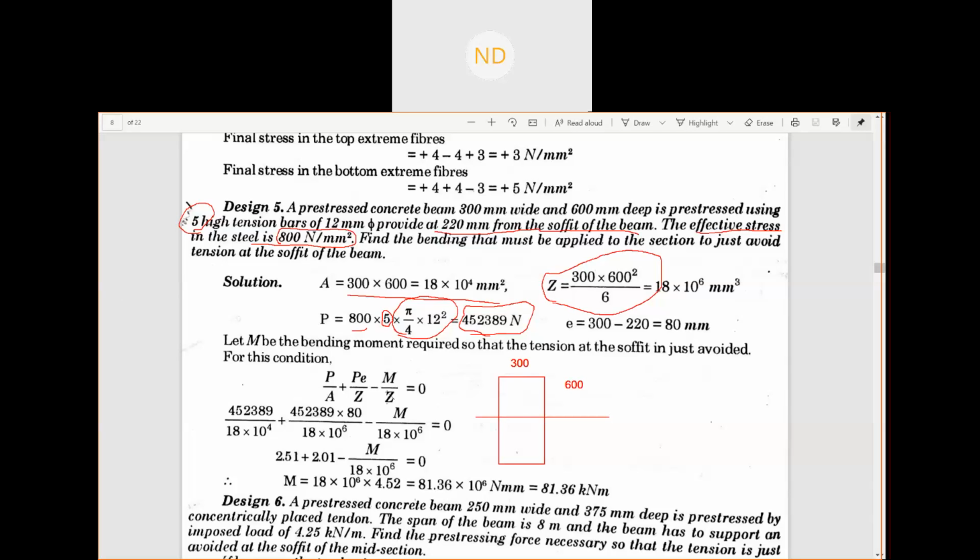Now this is 300 mm. It is mentioned in your question that it is 220 mm from the soffit of the beam. Your bars are here.